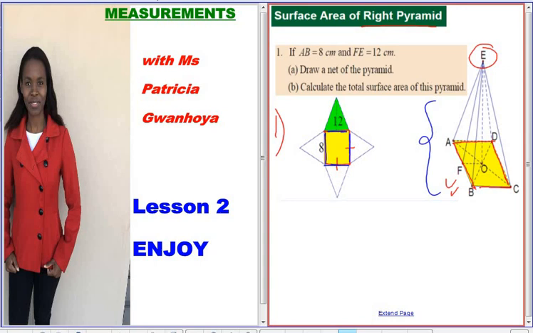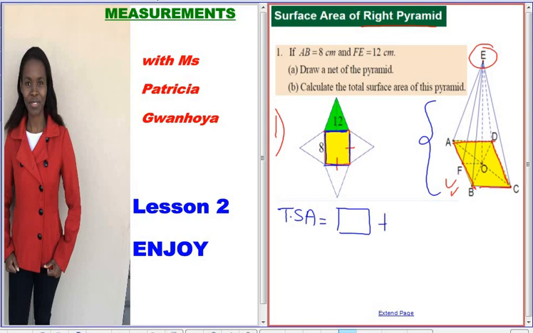They form the bases of these triangles. So if I want to calculate the total surface area, I'll have to calculate the area of a square plus the area of 4 triangles.